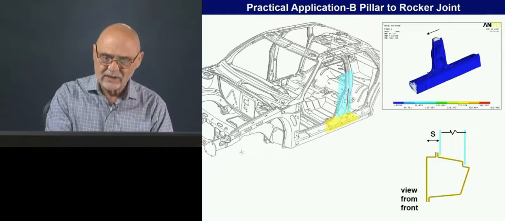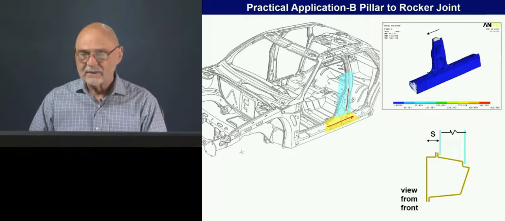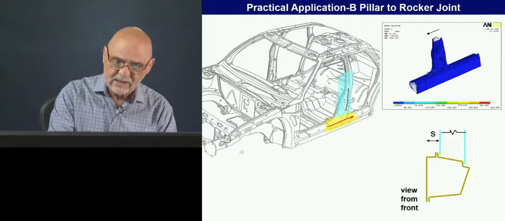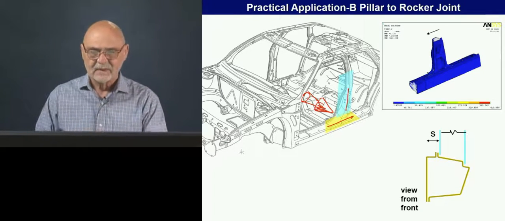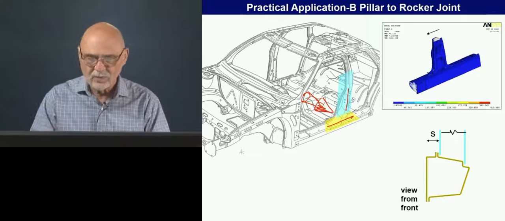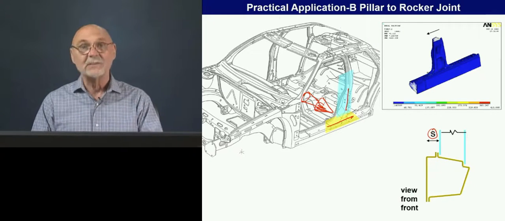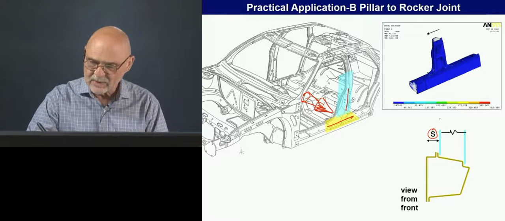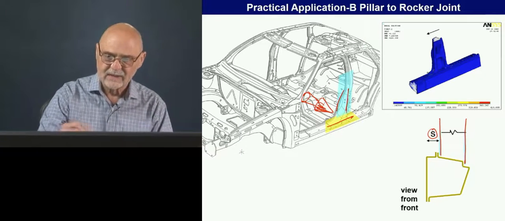We're going to look at the B-pillar and hinge pillar joint. And we're going to be looking now at the inside of this joint, like this. What you'll see is there's a little offset here given by the dimension S. So here's the B-pillar section coming down here, that's this and this.